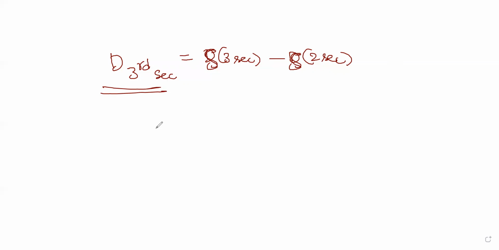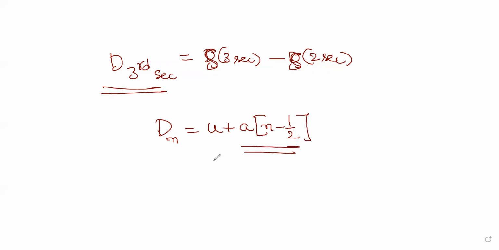So this formula, dn is equal to u plus a into n minus half, is applicable only when the displacement is a quadratic function of t.